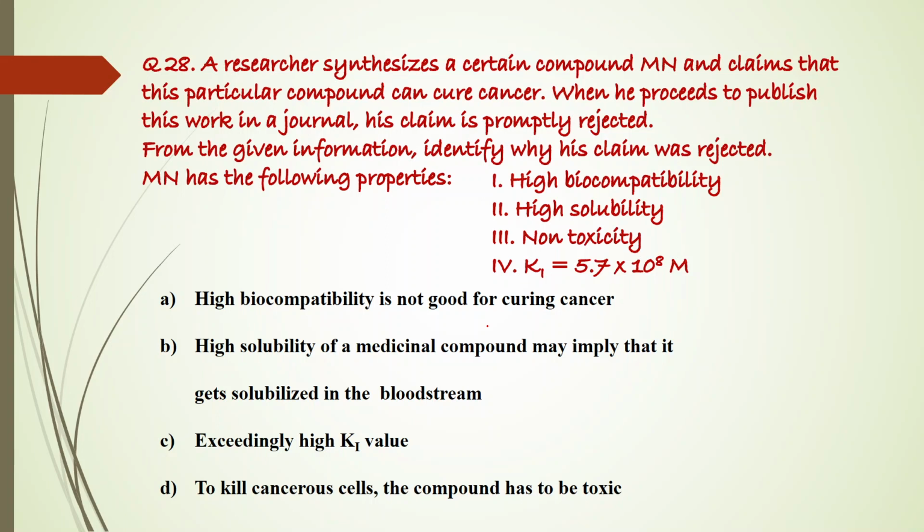From the given information, identify why his claim was rejected. Okay, so these are the four things that he reported for his compound Mn. He reported that Mn has high biocompatibility, high solubility, non-toxicity and this Ki value.